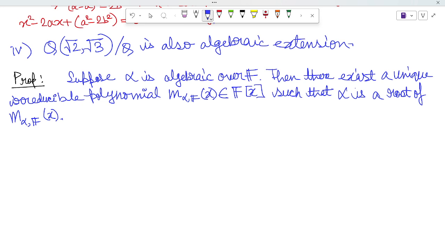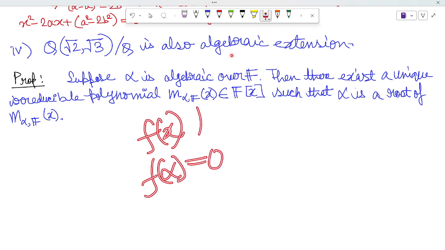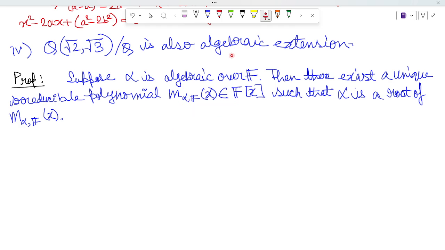Also, if you give me any other polynomial, then this polynomial will divide the other polynomial. In other words, if f(x) is another polynomial of which alpha is a root, suppose f(alpha) equals 0, then this polynomial will divide this; in other words, f(x) has this as a factor.